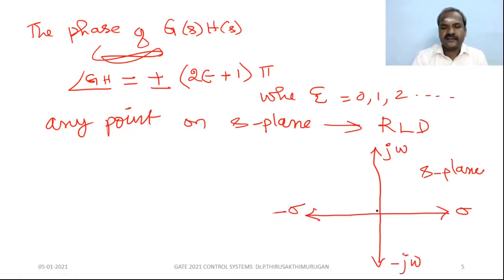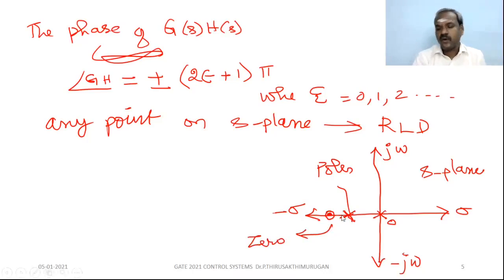This is the origin. We indicate poles with a cross mark, and a circle represents a zero.